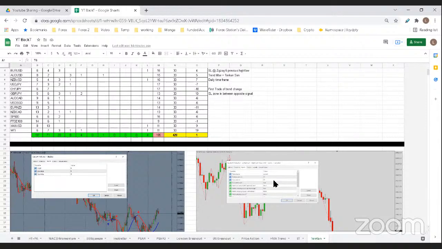Like the standard set for this will be 12 and 26, which really bears no meaning for the chart. If you're going to trade it on the daily time frame, I would say 5, 10, 15, 20 will be much more meaningful values. But you can go with Fibonacci, which people usually use, 34 and some other numbers. I forgot about that.